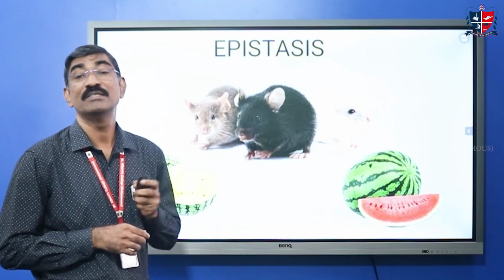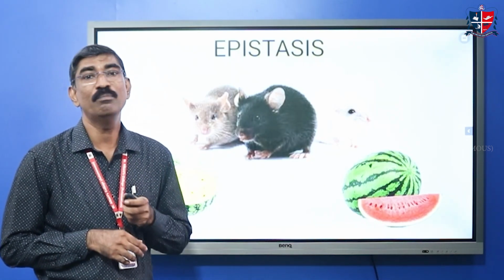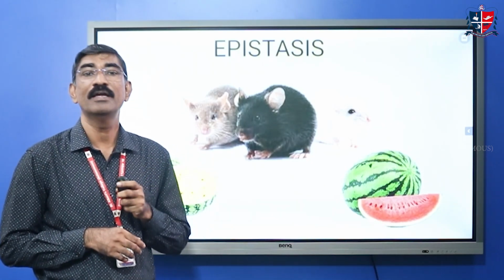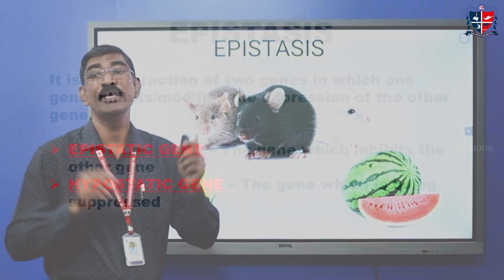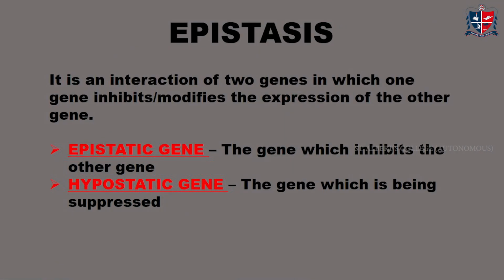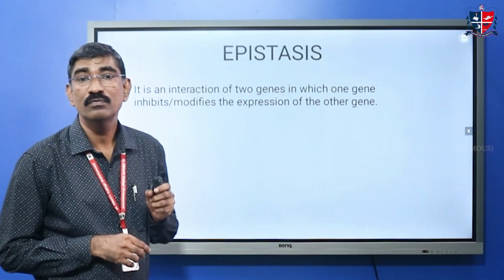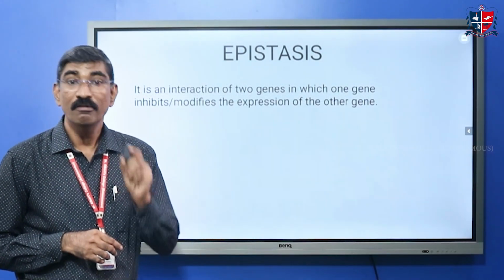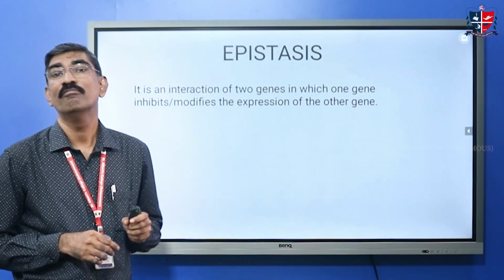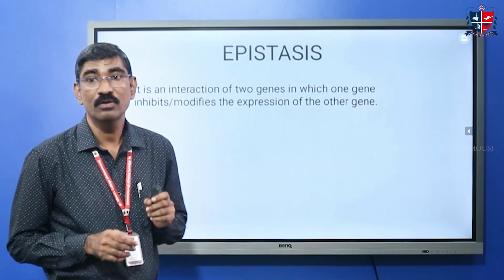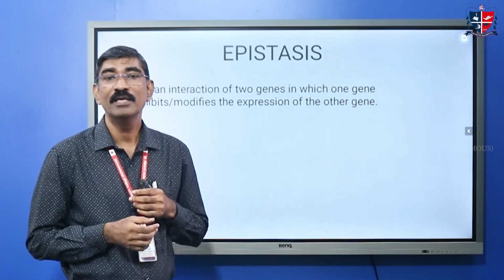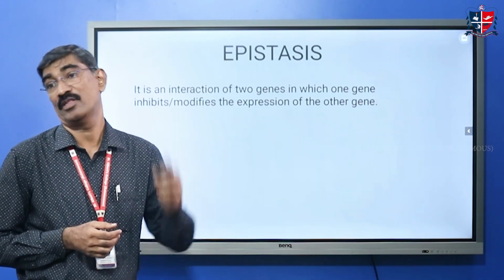Epistasis is an example of such an inheritance in which two genes are involved in a character. It is the interaction of two genes wherein one gene will suppress or modify the expression of another gene.